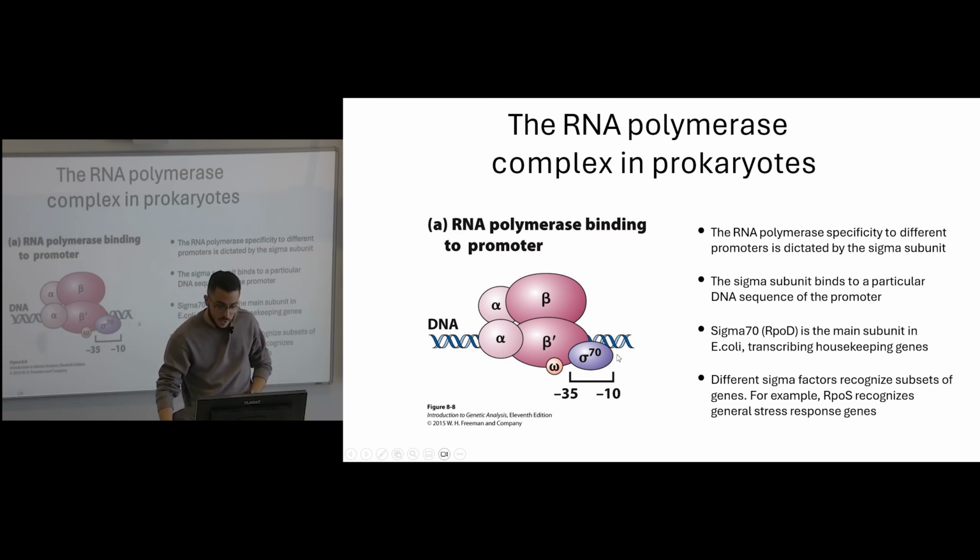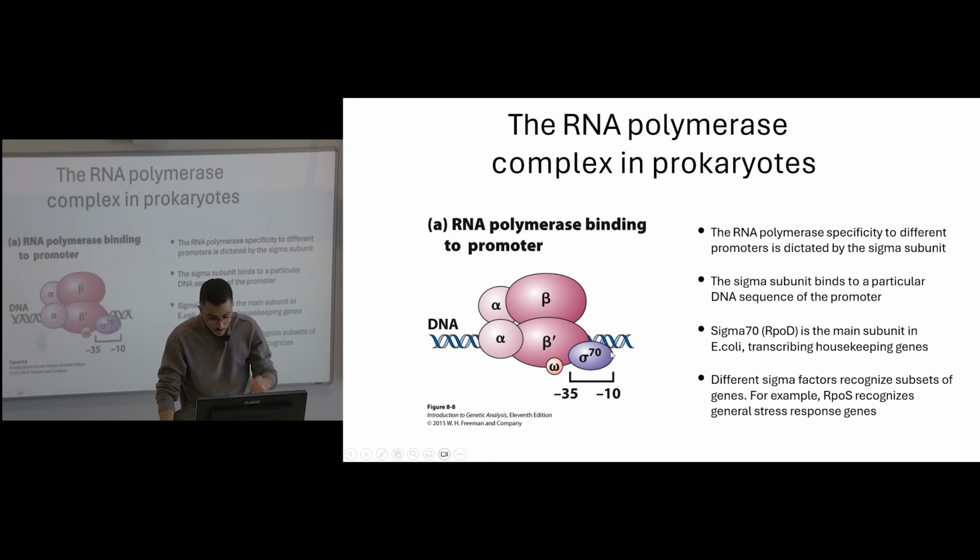So the sigma 70 subunit is the one that binds to a region on the DNA called a promoter, and that recognizes where genes start, okay? There's different types of sigma proteins. They all have a number, so sigma 52, 31, etc. And they all target a specific type of genes, okay? So each subunit kind of recognizes a consensus sequence on the DNA, which I'll show you now.